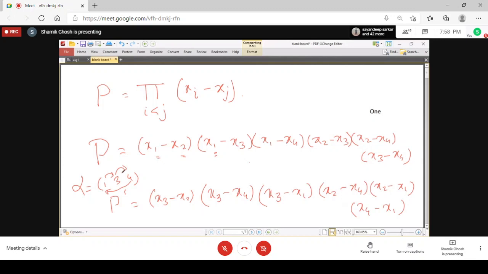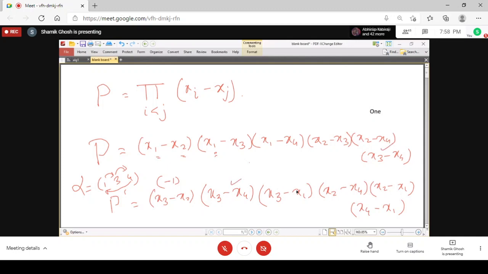Now you see that under this change, the various signs have changed. For example, now it is x3 minus x2, it was previously x2 minus x3. So there is a minus 1 here. Here x3 minus x4 is the same.